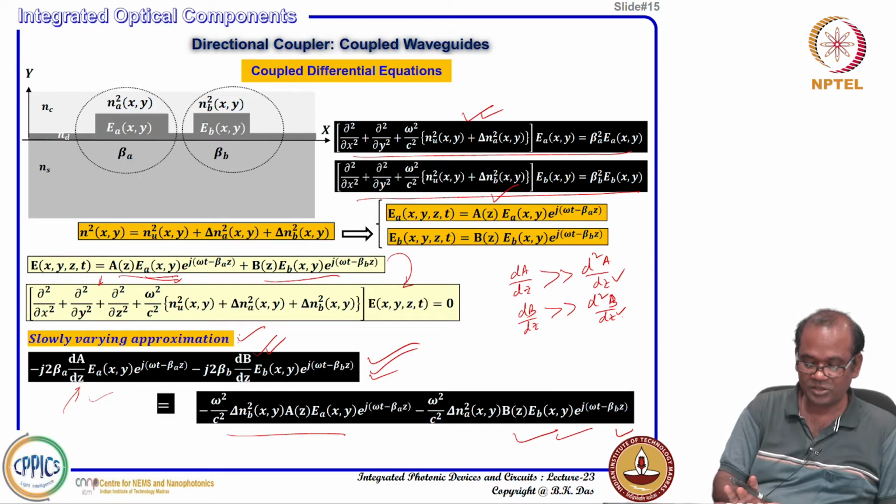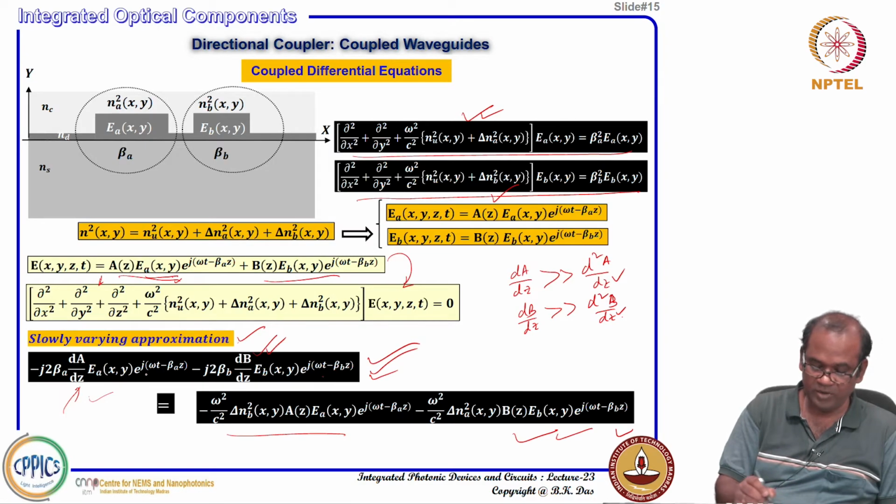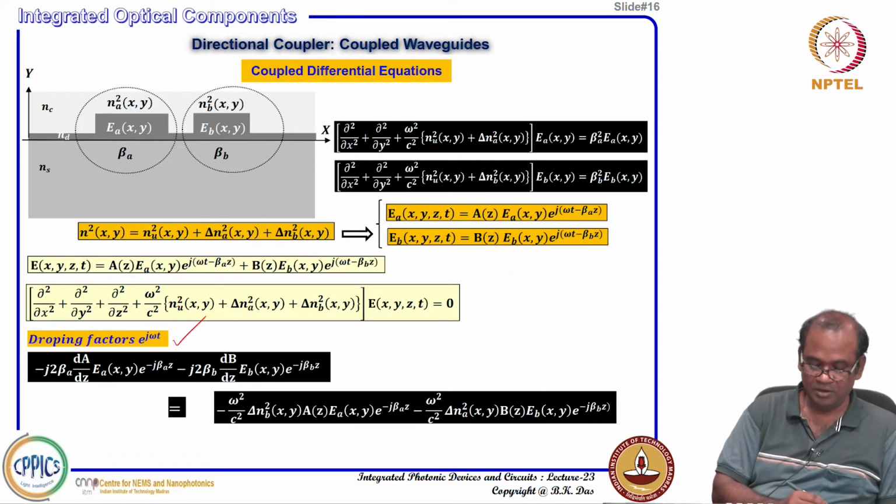In this type of consideration, in the coupled mode equation derivation, we used one trick: dropping the factor e to the power j omega t, because every term here has j omega t. So you just drop that one, and that will simplify a bit.